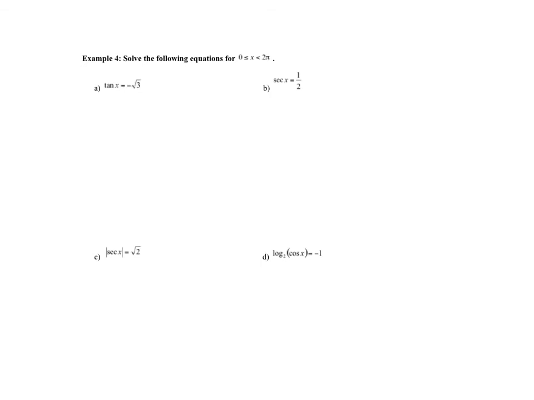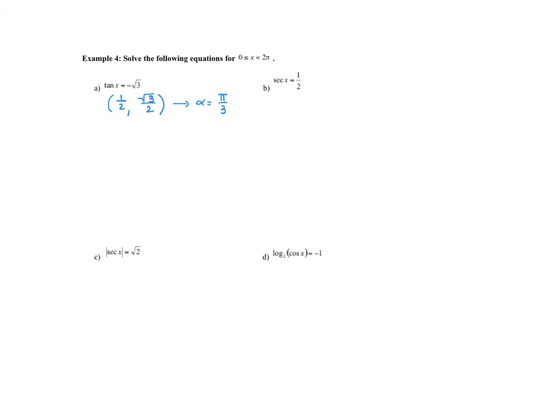So we're going to switch back to radians. We're going to restrict our domain from 0 to 2 pi. And we're going to look at the first one and say, when is the tangent equal to negative rad 3? Well, that's got to come from the coordinate point 1/2, rad 3 over 2 in some format, right? Which gives us an alpha of pi over 3.